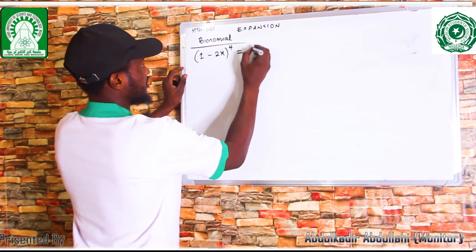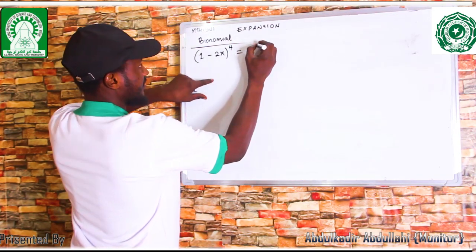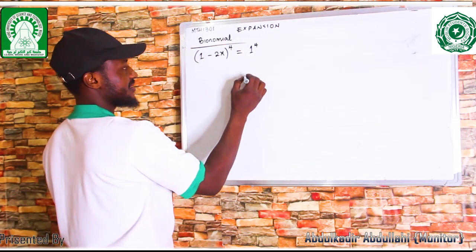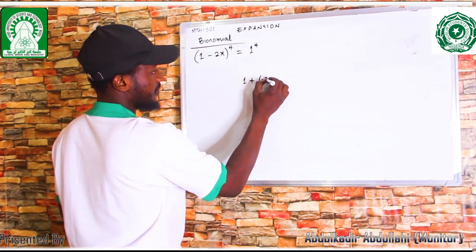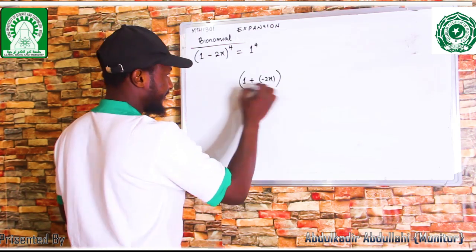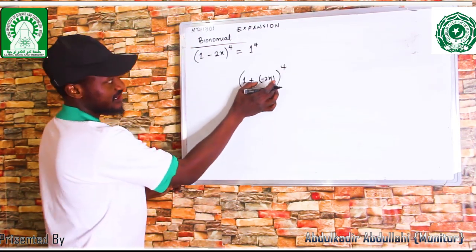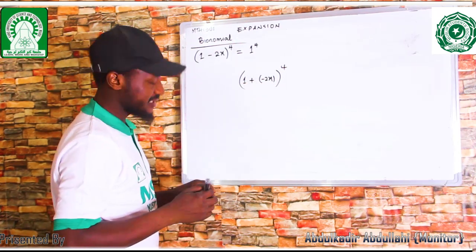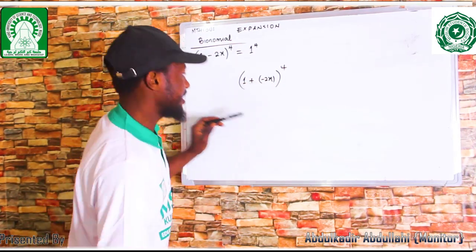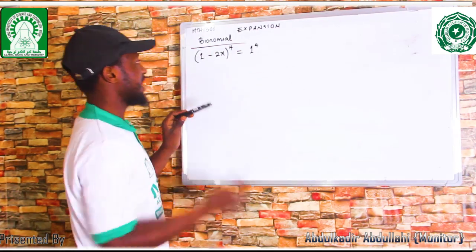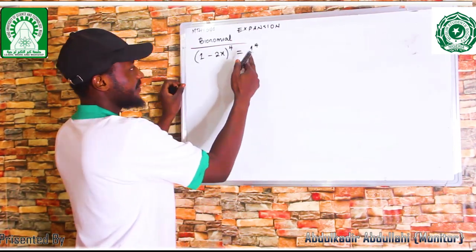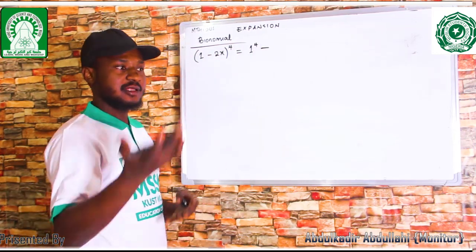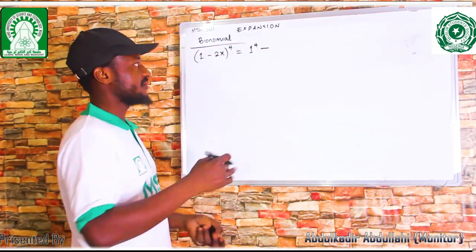As usual, the first number will take the power. If this is minus, you can write it like this, 1 plus minus 2x, power 4, so that when putting the second number, I use it as minus 2x. But if you don't want to expand it like this, whenever you have a minus, when you put the first term, then the second term will be negative, the next term positive, the next negative, positive, negative.